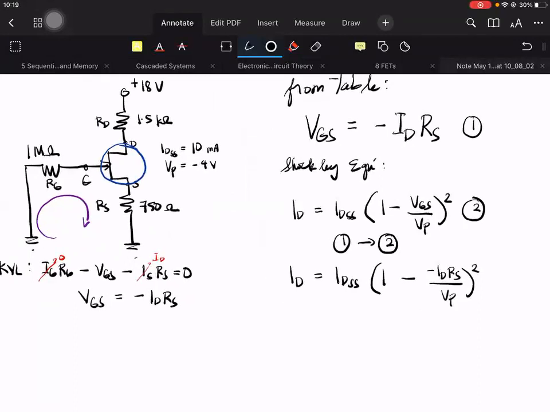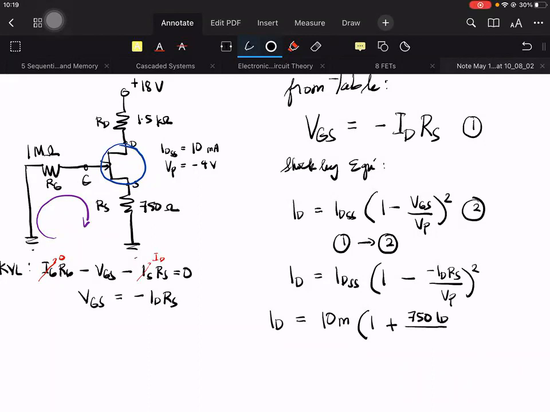IDSS is given, it's 10 milli. 1 plus, I'll just make it plus since it's minus negative. What is ID? ID is unknown. What is RS? RS is 750 ohms, so 750 ID.